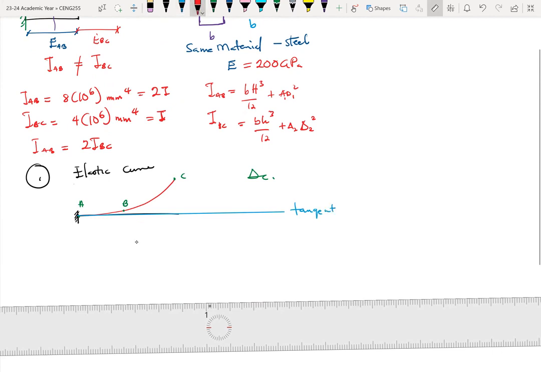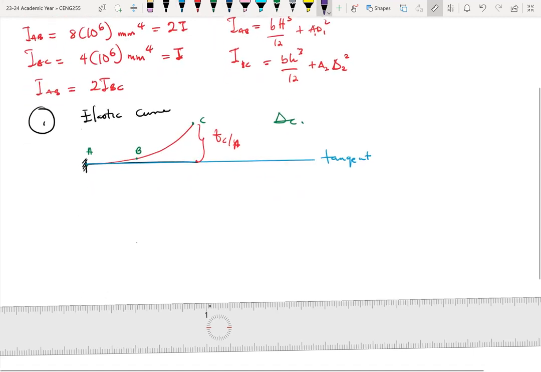So this vertical deviation from point C to the tangent at A is TCA. And also the vertical deviation from the tangent at A to point B is TBA.